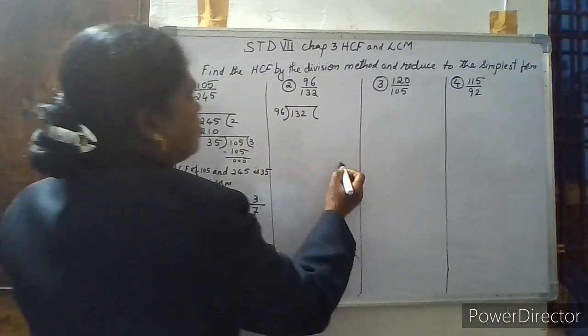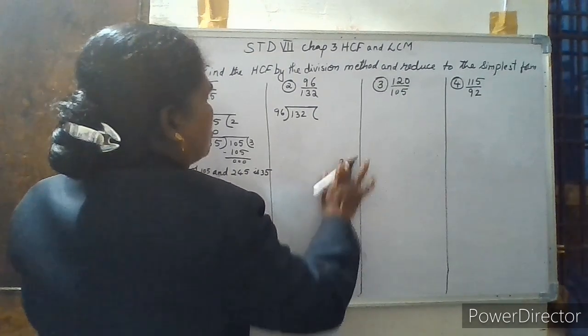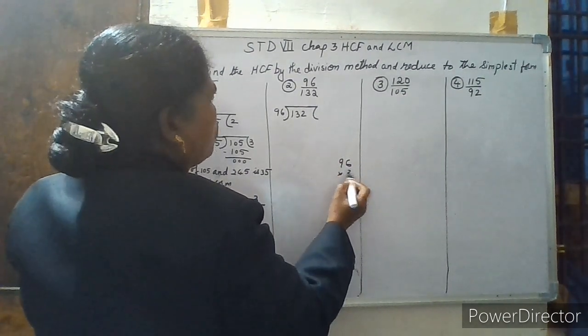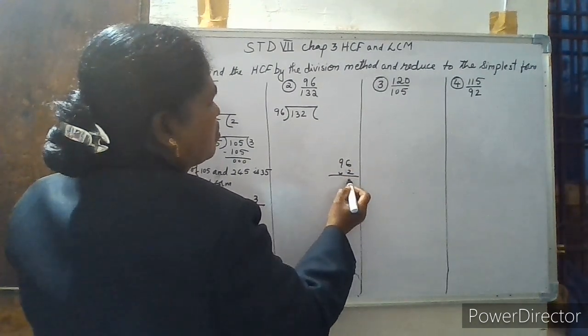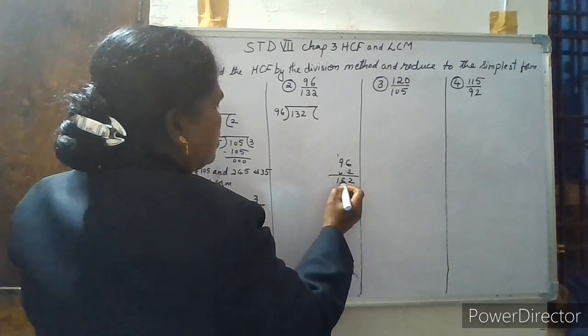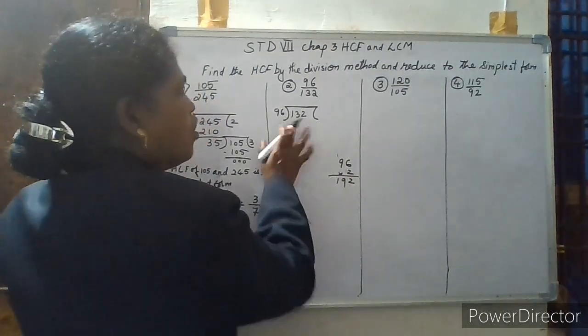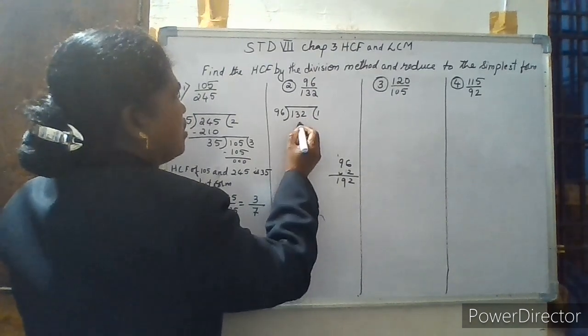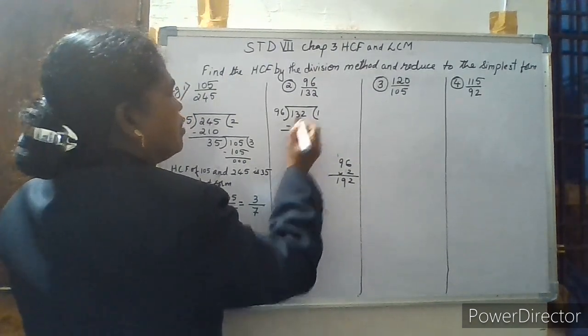So 96, suppose 2s we take. 2 sixes is 12, carry 1, 2 nines is 18 plus 1, 19. It is more than 132. So therefore we will take 1, 96 minus.